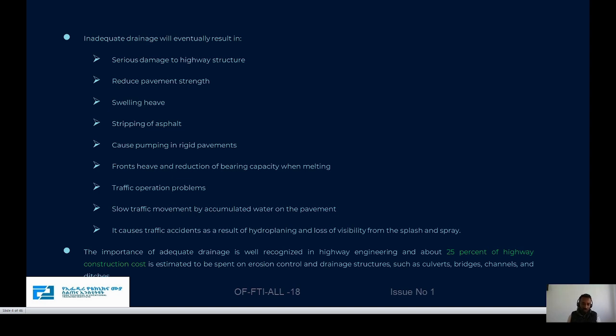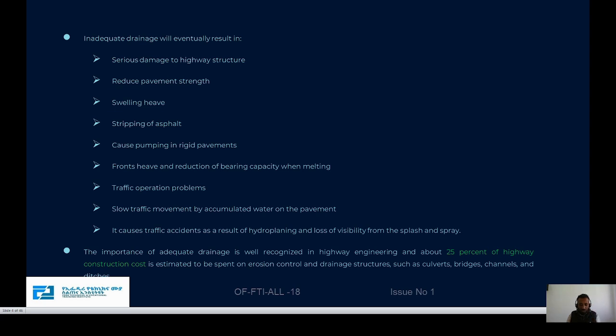This reduces the pavement strength. Swelling and stripping of asphalt are also caused by surface water not being removed properly, and it also causes pumping in rigid pavements through the joints, and traffic operation problems, slowing the traffic movement.